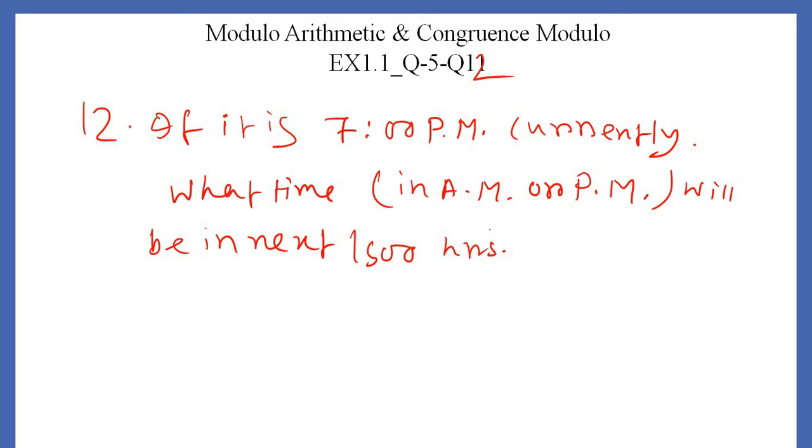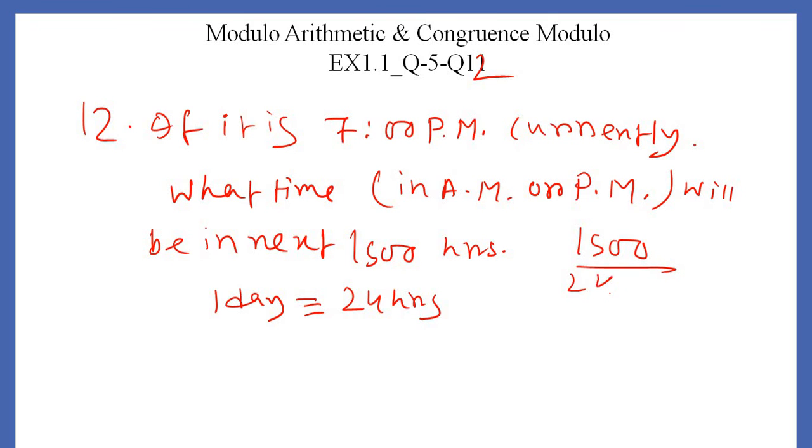Now how many hours in a day? 24 hours. So 1 day is equivalent to 24 hours. So how many days are included in 1500 hours? To get that, we will divide 1500 by 24.